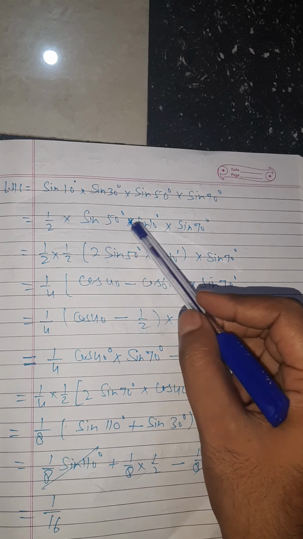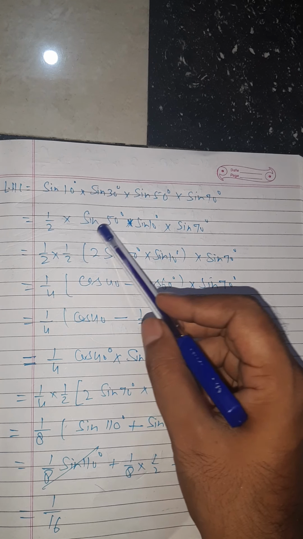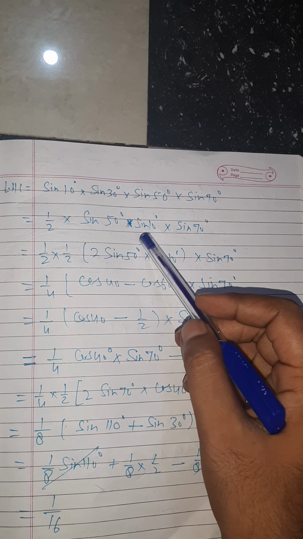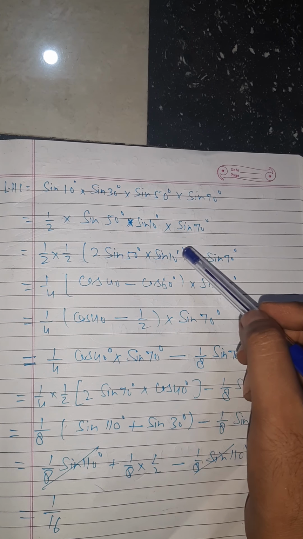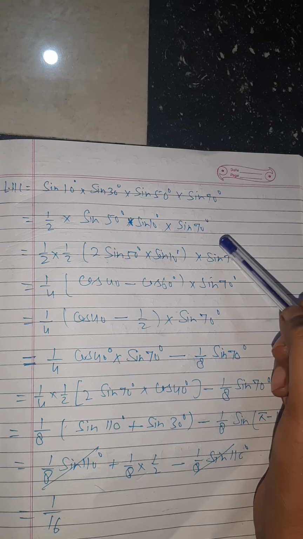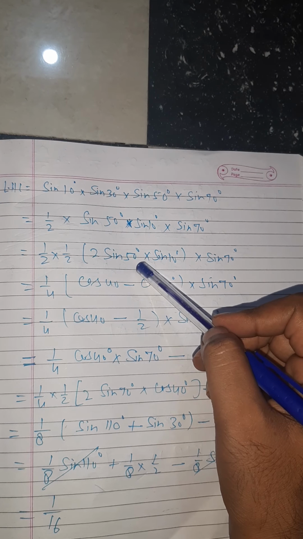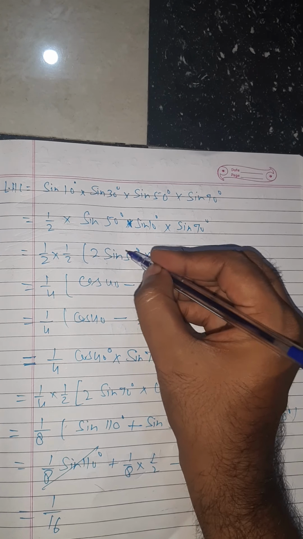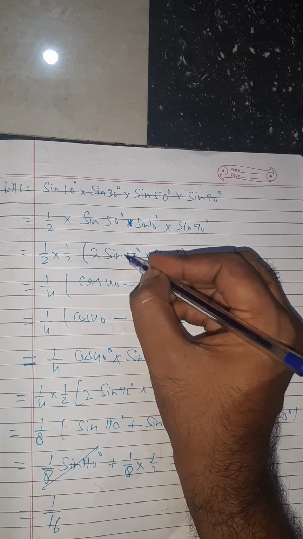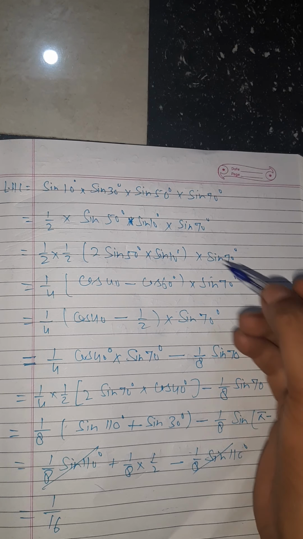But you can take first sin 10 degree and 50 degree. Only one change will come: when you are doing 2 sin A sin B is cos of A minus B, and A minus B means 50 minus 10, there would be 40 degree.